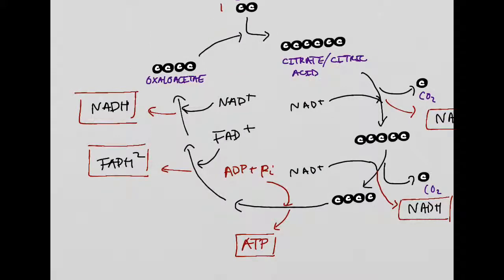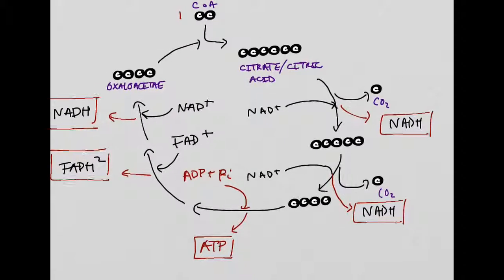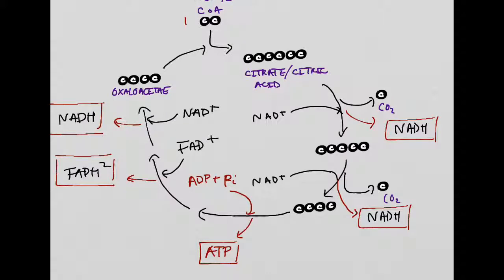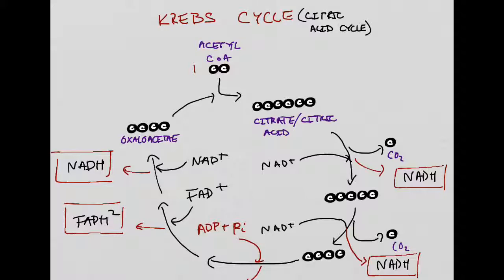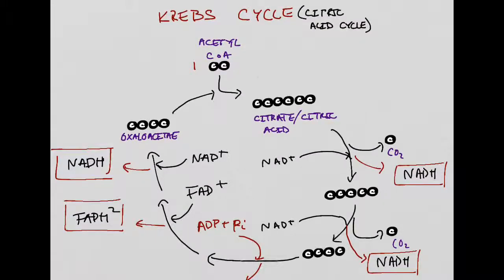And then, at this point, we regenerate oxaloacetate. And you should all know that there are a lot of enzymes that come in and catalyze this reaction, this cycle. But this whole thing is a cycle, the Krebs cycle, much like the C3 cycle is a cycle.